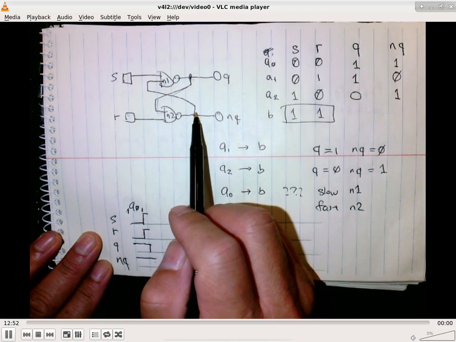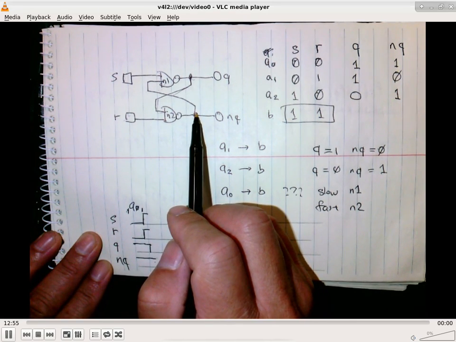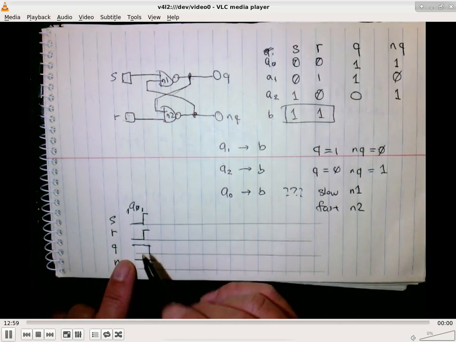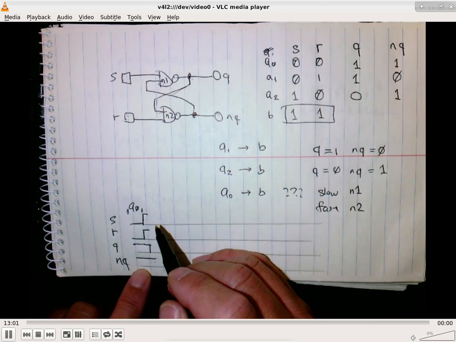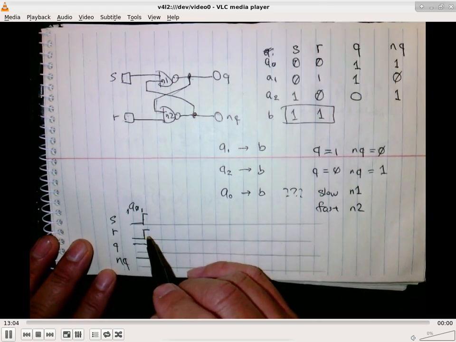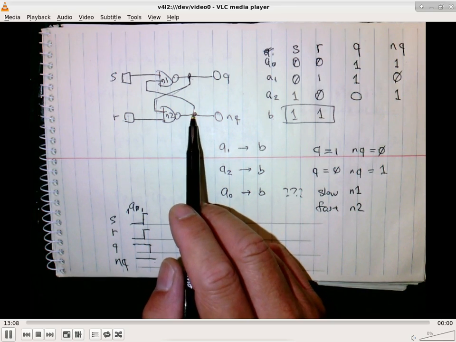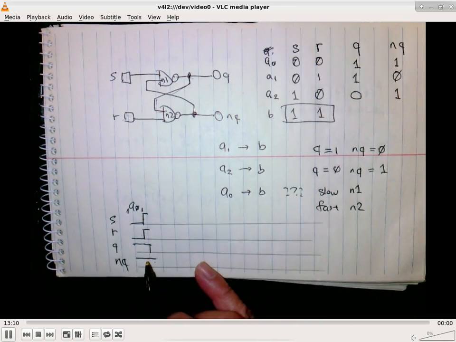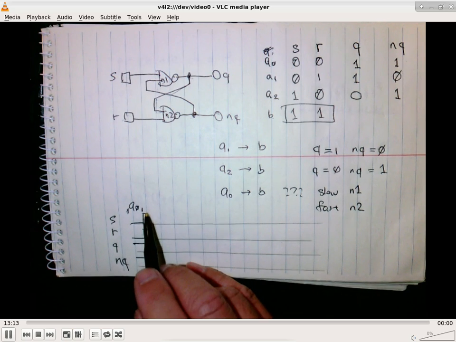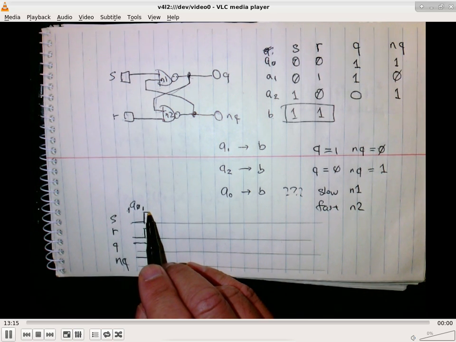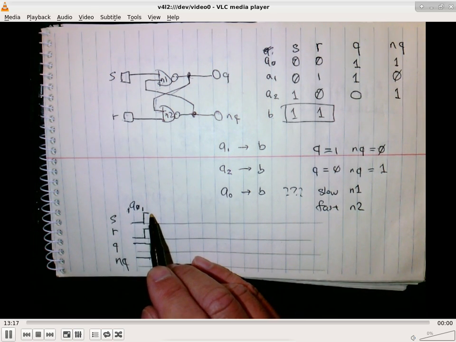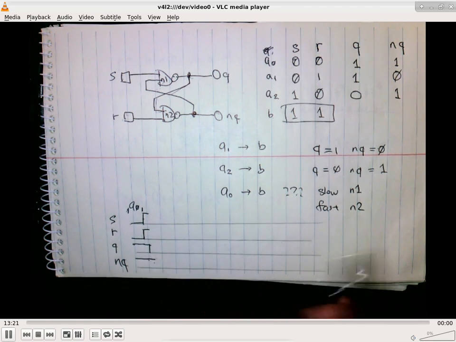But this signal continues to be, okay, hold on. This signal was a... because look, we're looking at a Q here. So we are looking at this signal, NQ was a high, S changed to a high at a later time. Okay, I'm getting myself confused here.